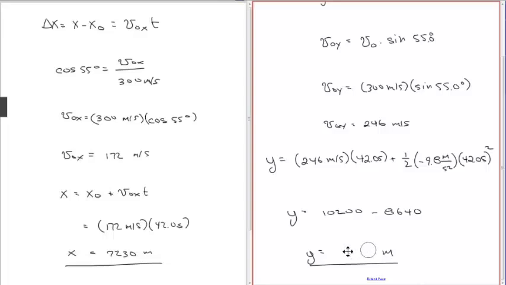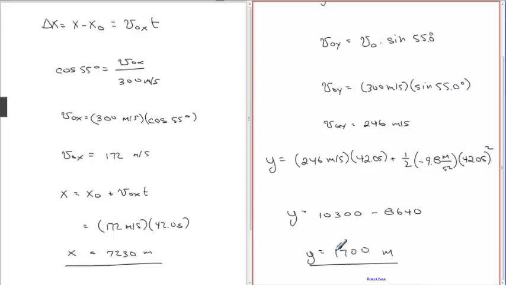So this changes. 246 times 42, so we got 10,300. And we subtract off 8,640. And we get 1,692, so I'm going to round it up to 1,700 as far as that's concerned.